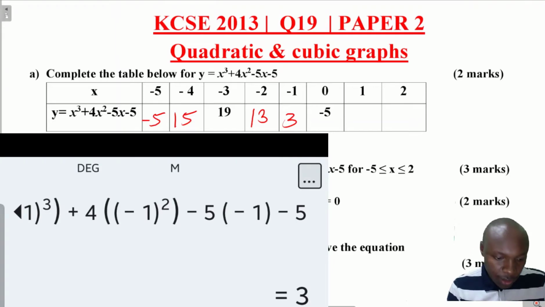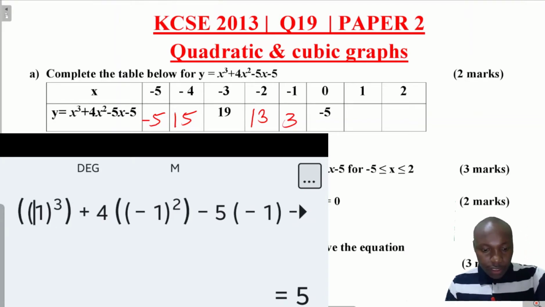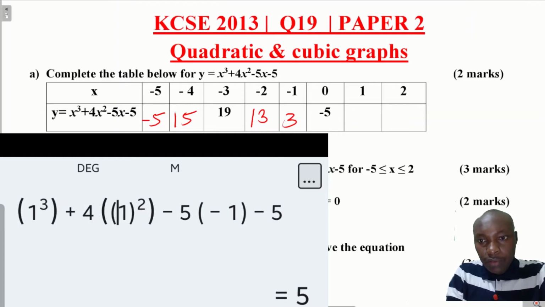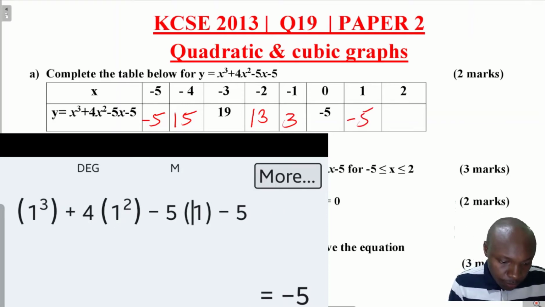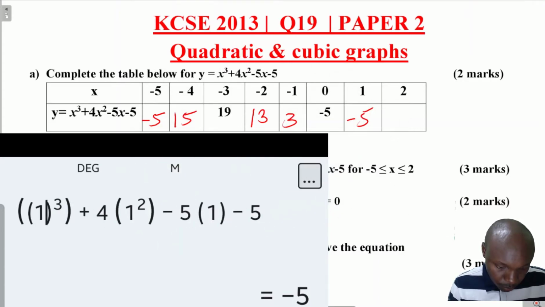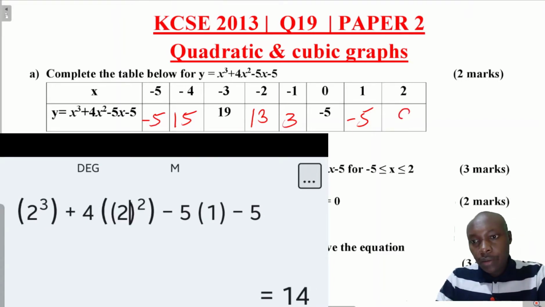Then when x is 1, here you need to change even the positive. When x is 1, the value of y will be -5. When x is 2, the value of y is 9.